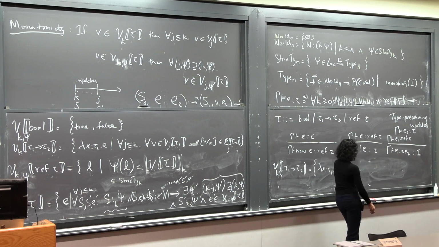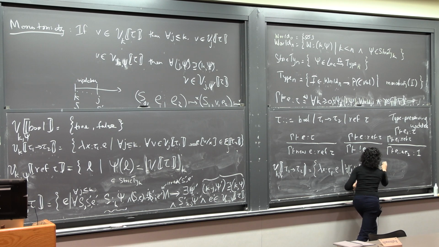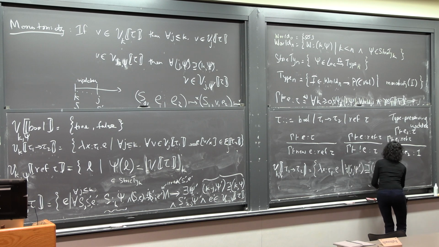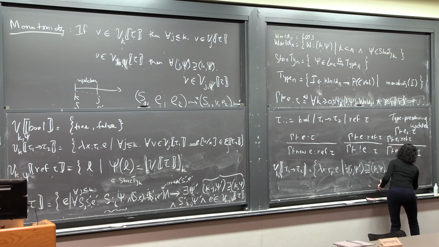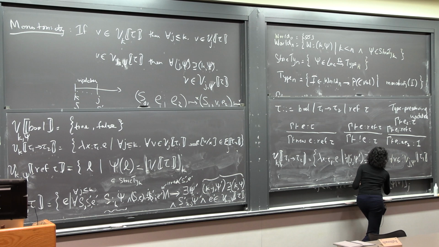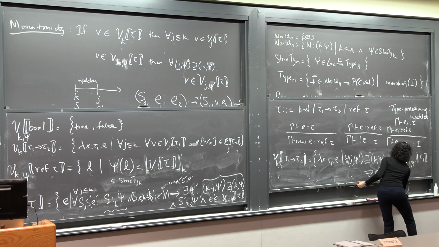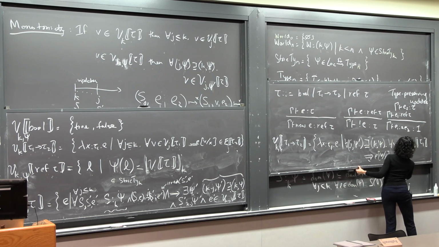Let's write it like this. For all future j, psi prime, that is a valid future world of k psi, if v from j psi prime at tau 1, if we do a substitution into the body, it behaves like j psi prime tau 2.